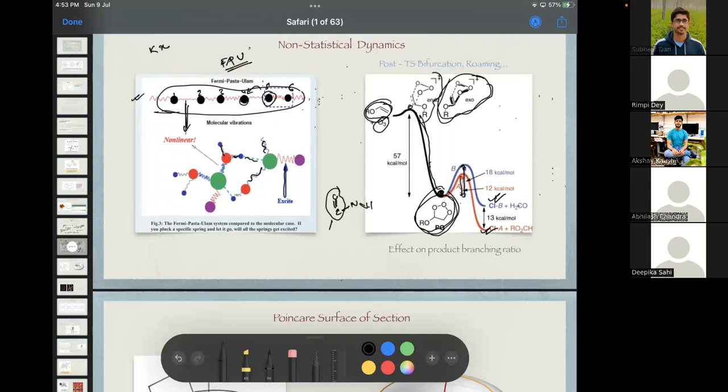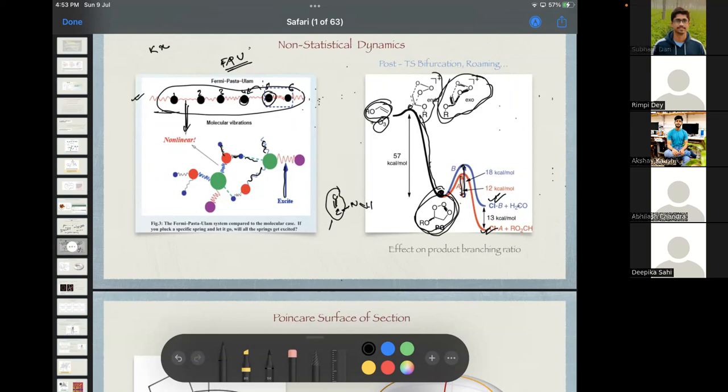Now the situation is the intermediate is not properly thermalized or properly equilibrated with the solvent or bath, right? Because here it can happen that this OO mode is getting higher energy and this CO mode is getting lower energy, let's say. So it is not properly thermalized now.